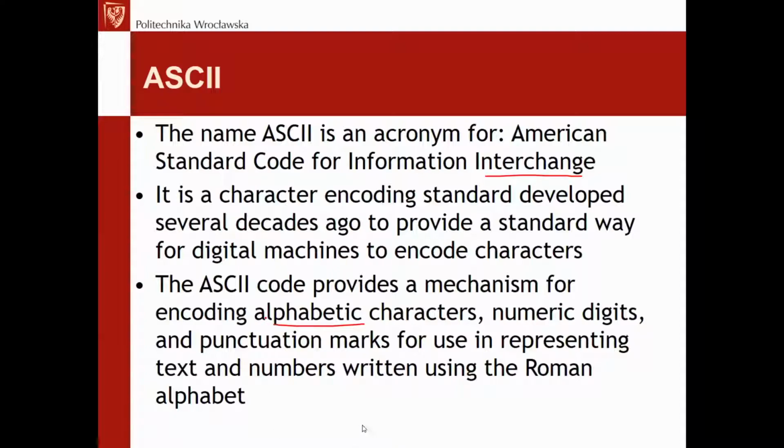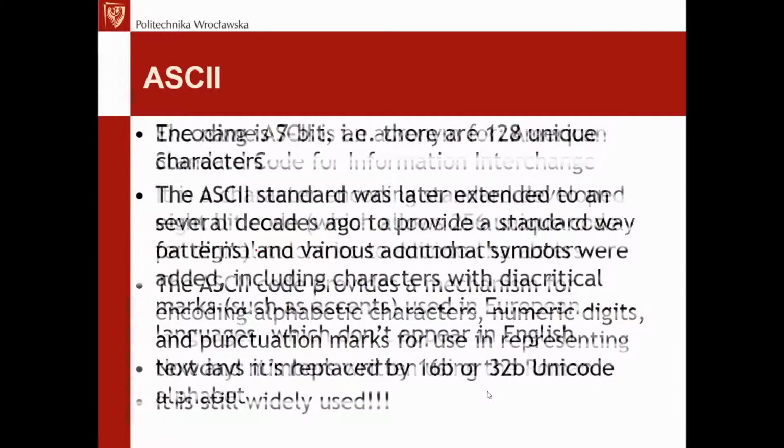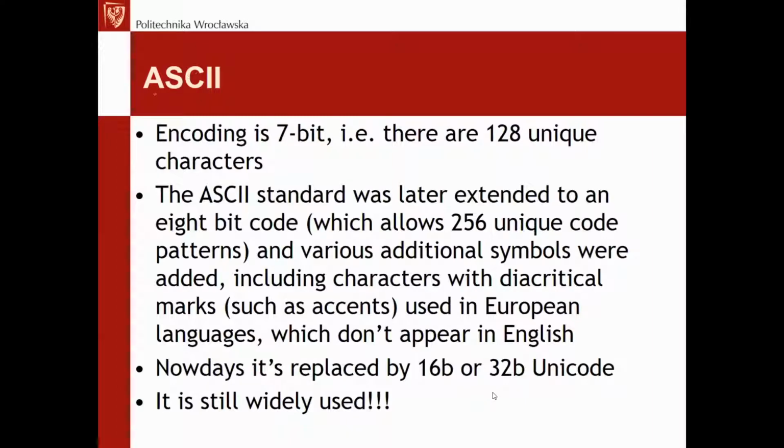Then, of course, Europe came in, for example Germany or Poland with special characters. But then the rest of the world came in, especially China and Japan, with their very special characters and a very huge market. So today ASCII is not enough. That's why we're using Unicode.